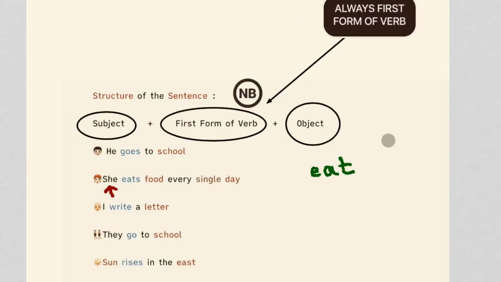So we have she here as the subject, and then we go eat. So what we're gonna do, we would write s next to eat, which will make it eats. She eats food every single day. So that's how you write the sentence in present indefinite tense.